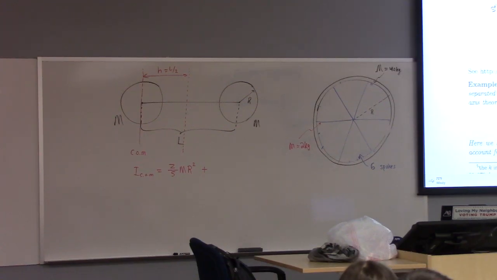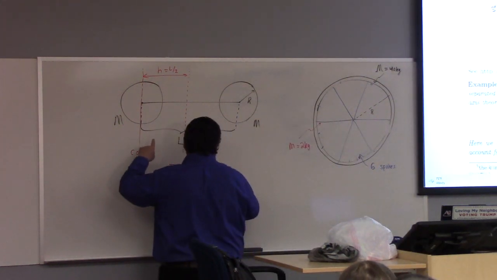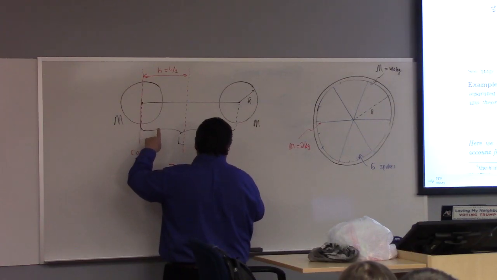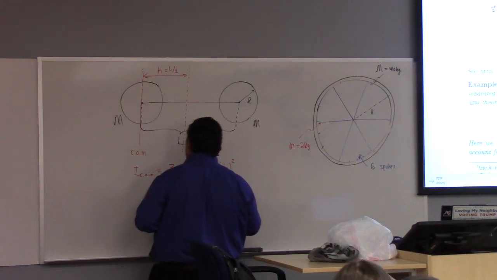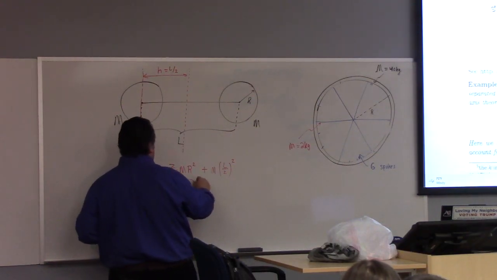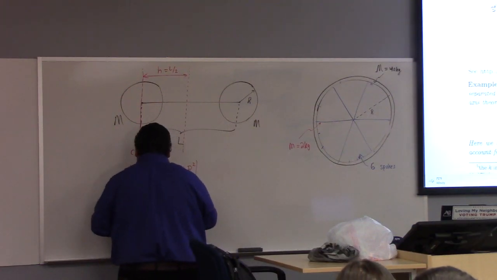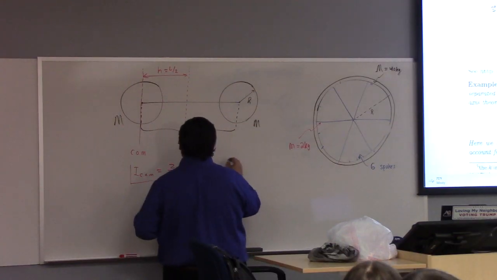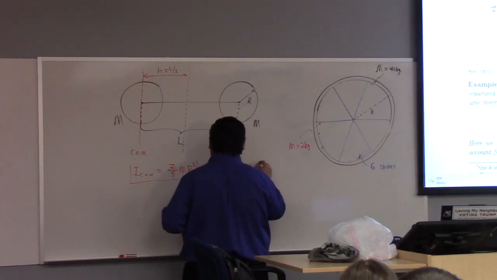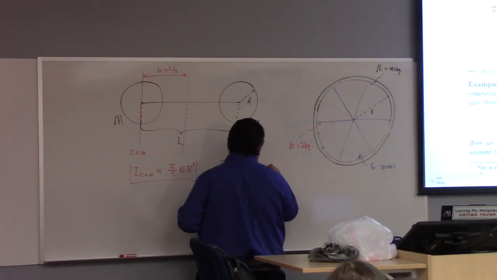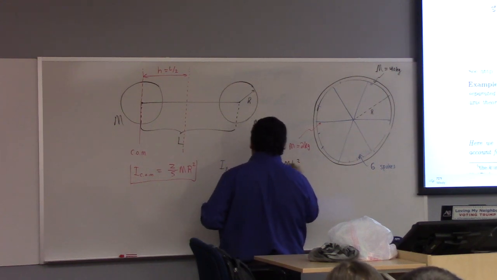Where was I? So mh squared, but the h is what? L over 2, so we've got m times L over 2 squared, right? Oh man, I'm sorry. This is the center of mass, and then my parallel axis theorem says that the moment of inertia on the parallel axis is equal to the center of mass moment of inertia plus mh squared.